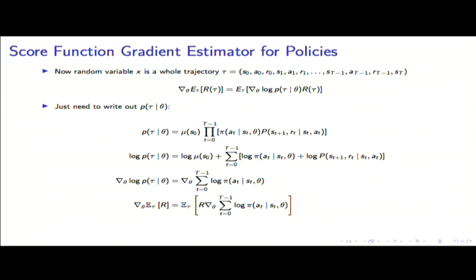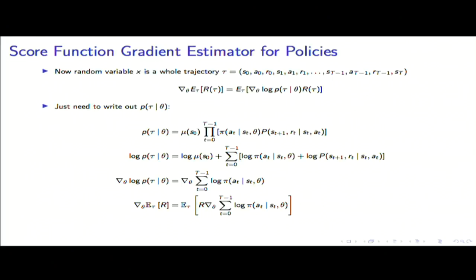We define that this is some kind of neural network with known form, so we can take the analytic derivative of this log probability. We don't know what the transition probabilities are for this MDP, and we don't know what the initial state distribution is. So it looks like we're in trouble if you just look at this expression. But when we take the gradient with respect to the policy parameters, all of this stuff that we don't know drops out because it doesn't depend on the policy parameter theta.